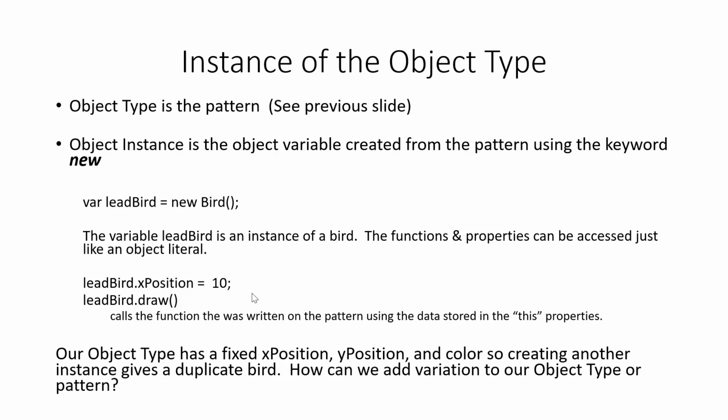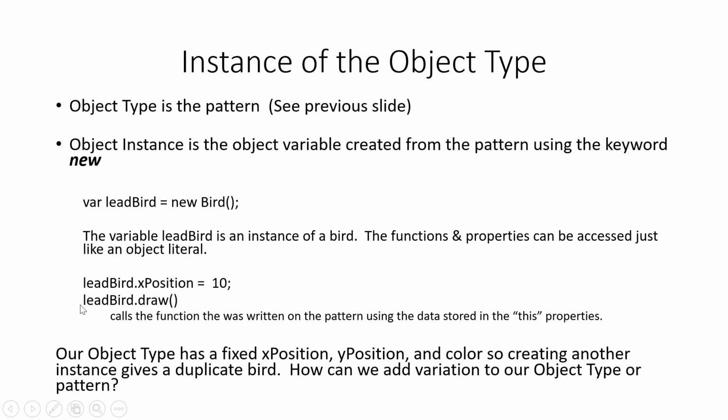Or when we have object literals, we use that dot notation to get to the value. You use the same thing for the object type once you've created an instance. So now that we have from our pattern Bird a leadBird, we can do .xPosition and change its value, or we could have alerted its value or written out its value. We access it through that dot notation.